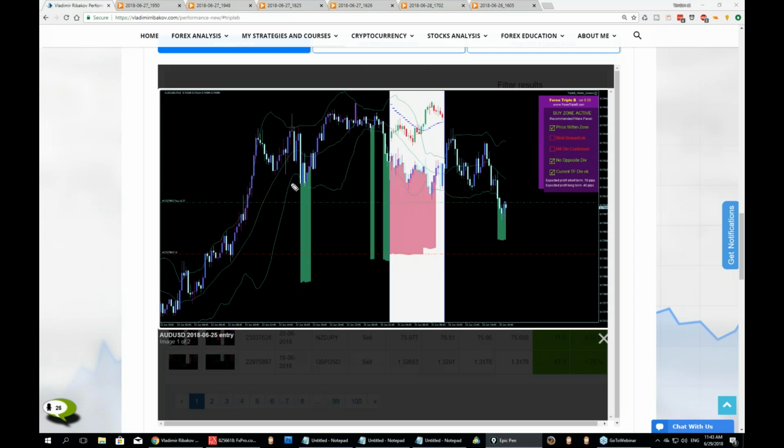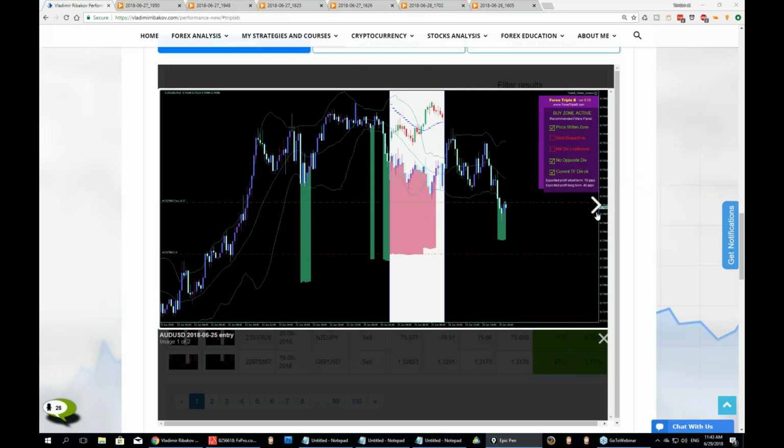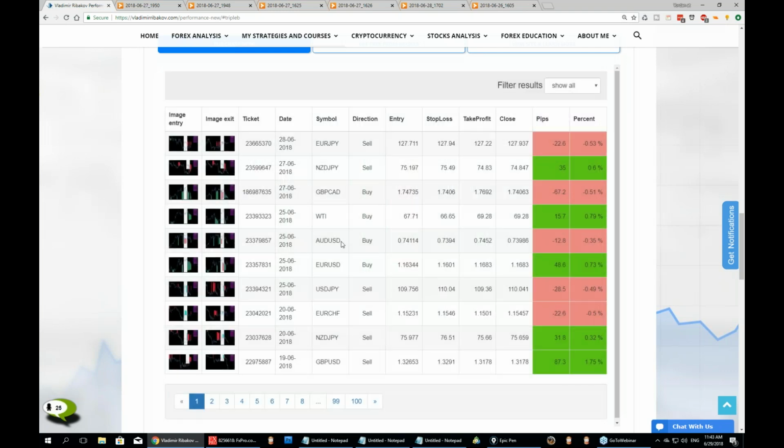Third of all, we have some kind of a channel, and we're currently bouncing from the bottom of the alternative trend line or bottom of this channel or pattern that we have. Okay, tiny stop loss. So in that case, it's either going to work very nicely or we get kicked out of this trade immediately. And as price pushed lower, you get out. No need to go ahead and fight it.